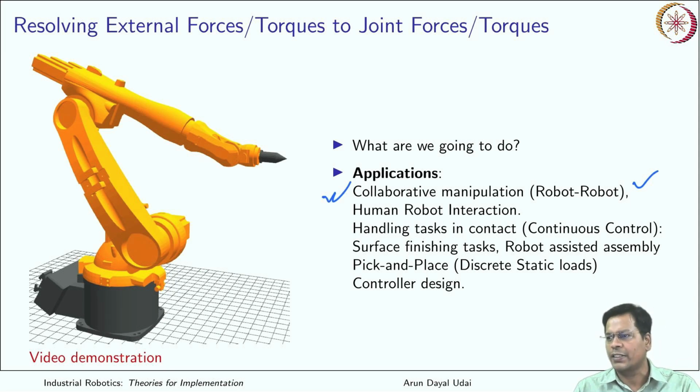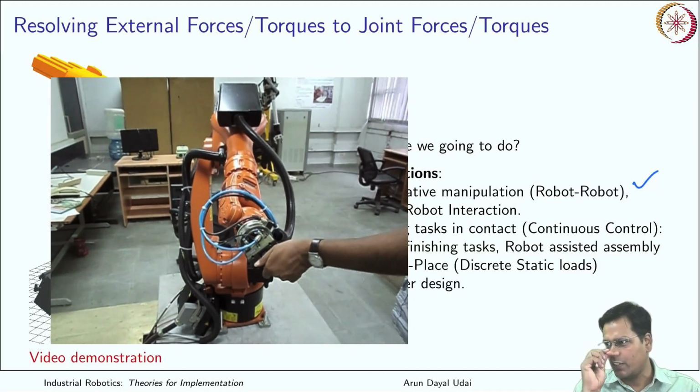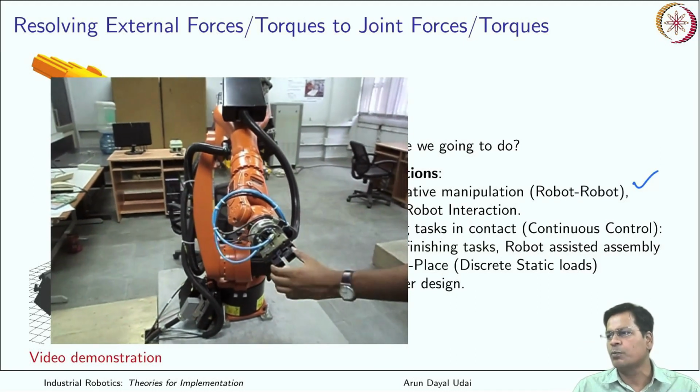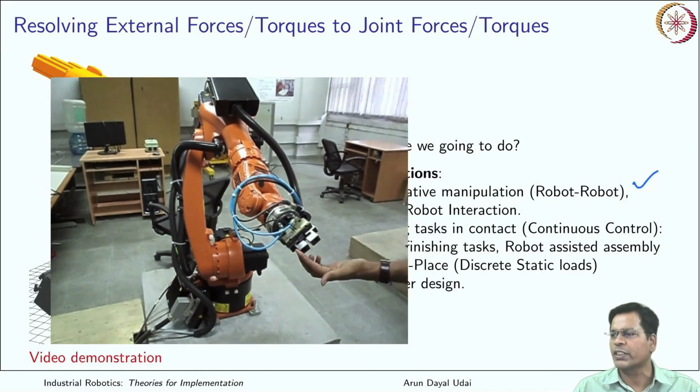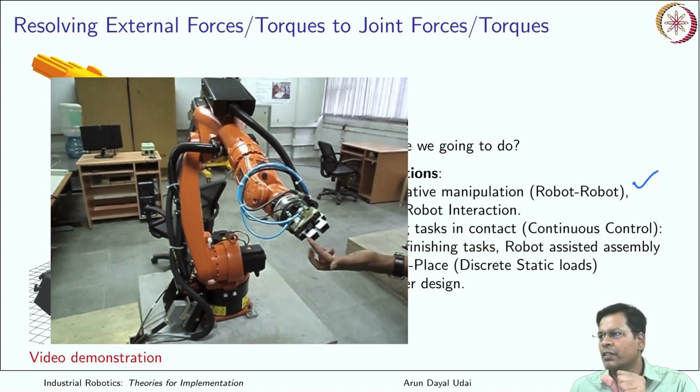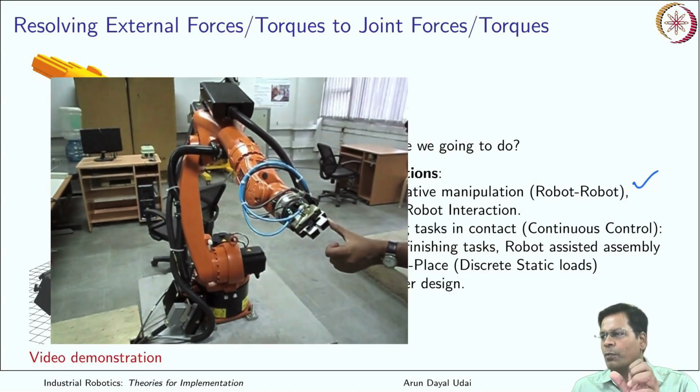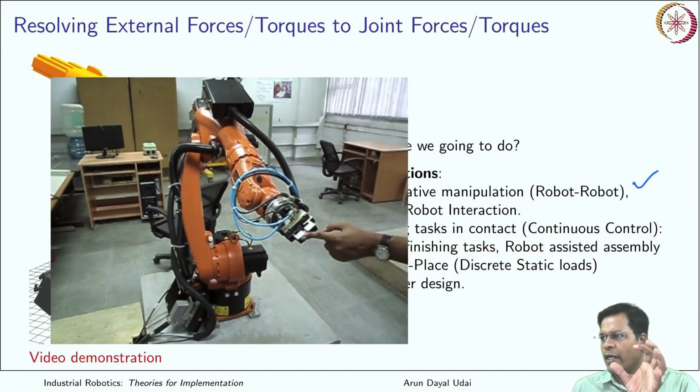Human robot interaction, let's say you want to move your robot based on the external force. I'll show you one small demonstration over here. You see, what I am trying to do here is move this robot using the forces that I am applying from the tip of the robot, that is, at the end effector.